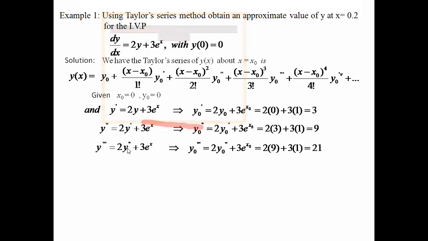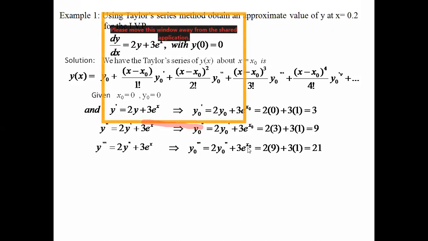That means in this relation, replace y by y naught, x by x naught. So y0 triple dash is 2 times y0 double dash plus 3 times e power x naught. But x naught is 0 and y0 double dash is 9. If you substitute it, it gives 2 times 9 plus 3 times 1. So it is 18 plus 3, it is 21. Third derivative got.